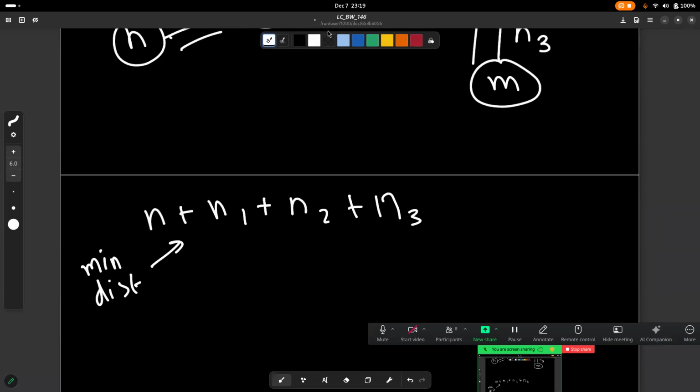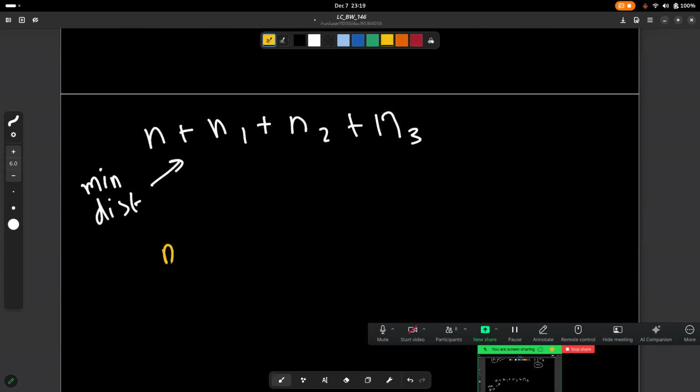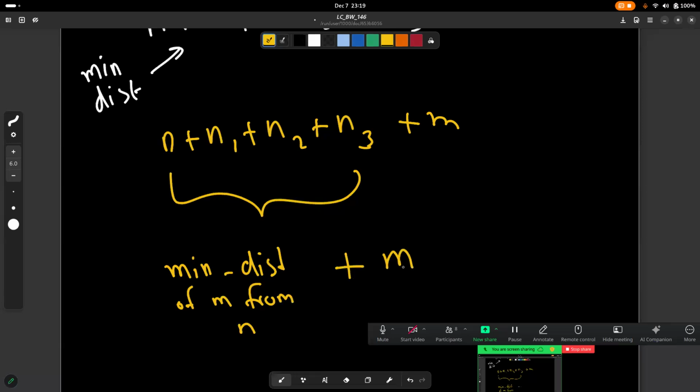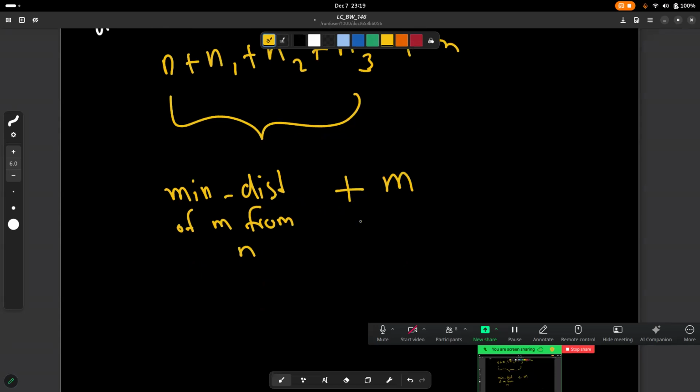Once I've calculated this minimum distance, in my final answer I have to calculate the total cost of transformation, which is n1 plus n2 plus n3 plus m. So I can just say this is my minimum distance of m from n in my graph, and I just add m, then I'll get the answer that I need.